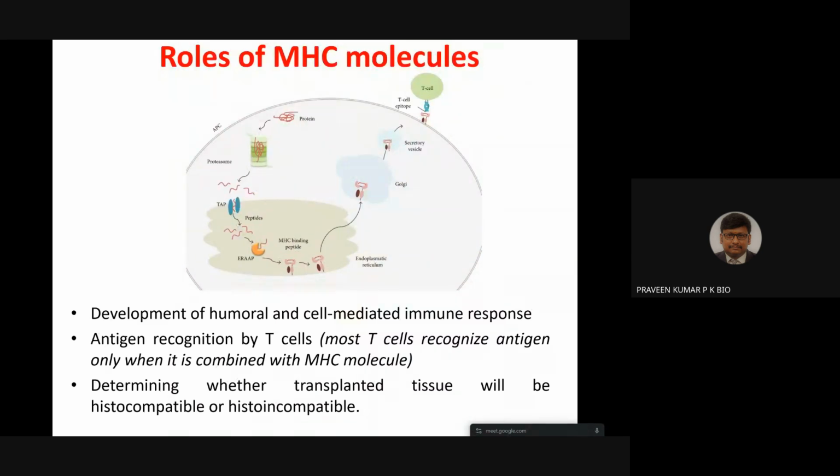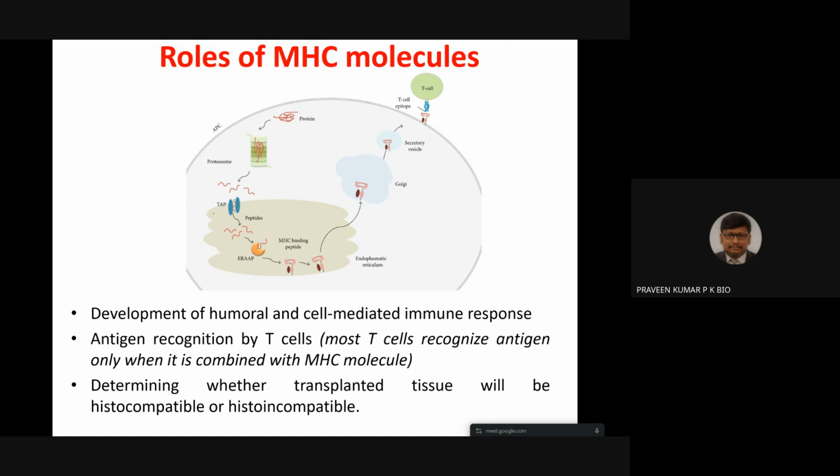And if you see this MHC, I told you we have two types, MHC1 and MHC2. So this is an example of MHC1, where activation happens through the MHC1 pathway. Here a virus or bacteria gets inside, and if it is degraded through the proteasome, the proteins are split into various peptides.